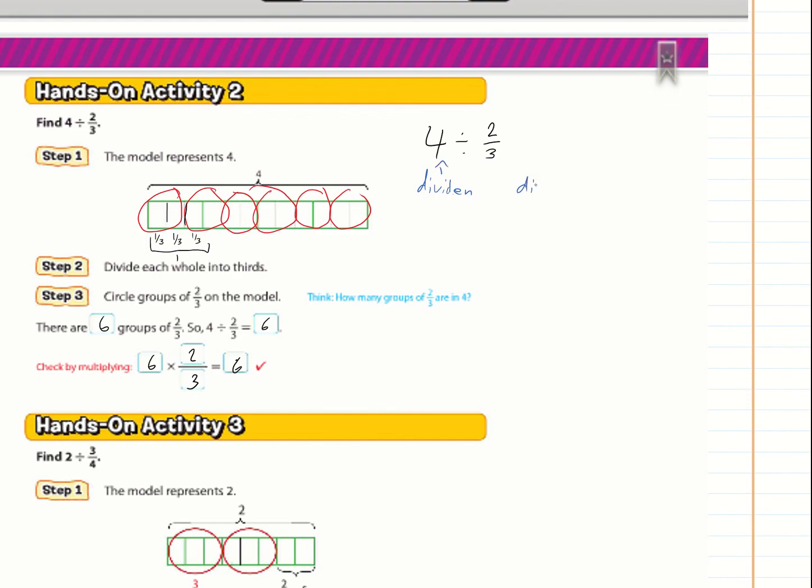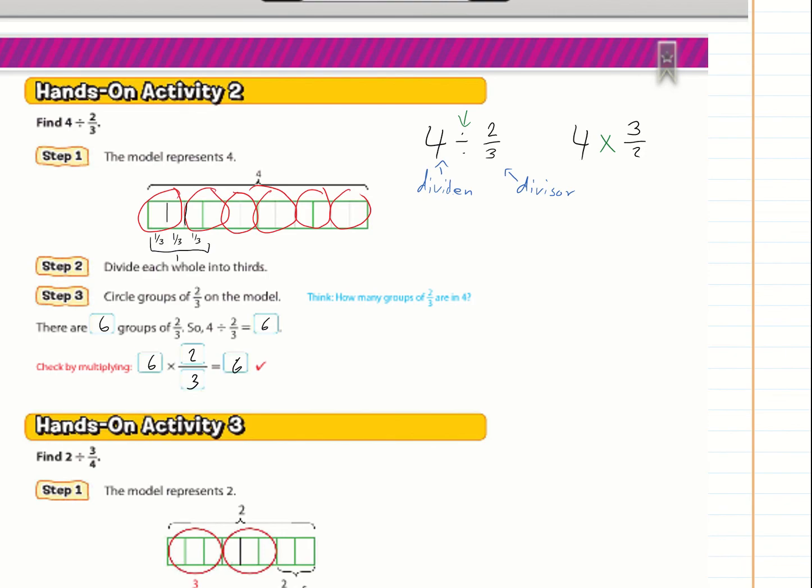And then we have the divisor. You're going to take your divisor and flip it. So instead of 2/3, we're going to flip it and get 3/2. Now we're going to take our division symbol and change that to a multiplication, and our dividend is going to remain the same.